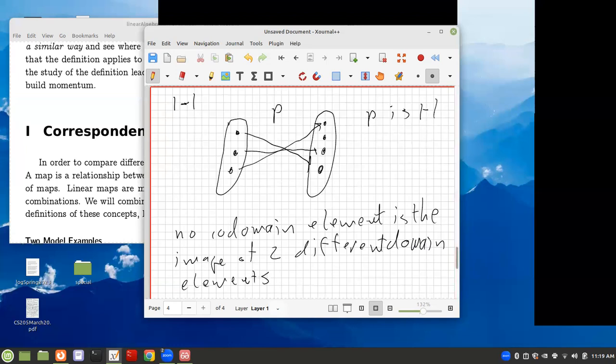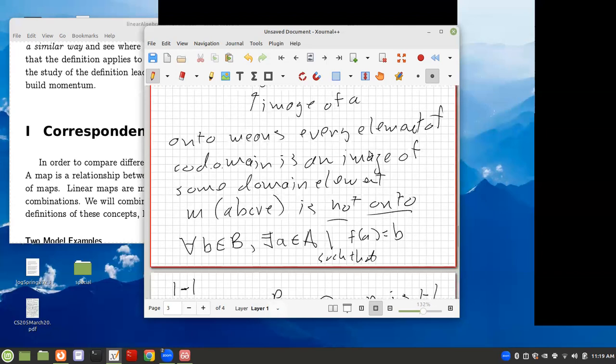Okay, so for example, this map here is not onto. So you can have a map that's not onto and is one-to-one, right? Because there's no bunching up here. This is not onto because this second element down does not have an arrow pointing towards it, but no element has two arrows pointing to it. Now let's look back and see if the previous maps are one-to-one.